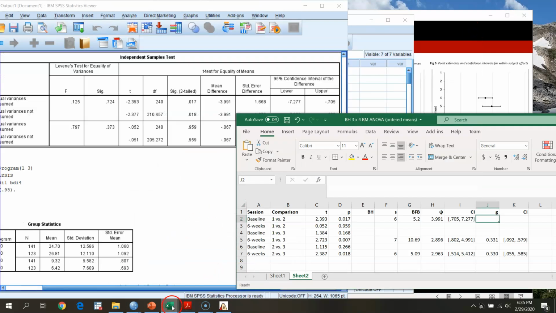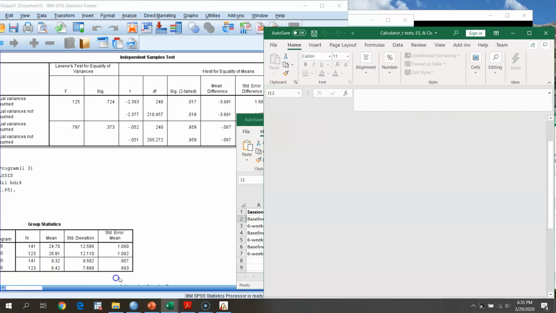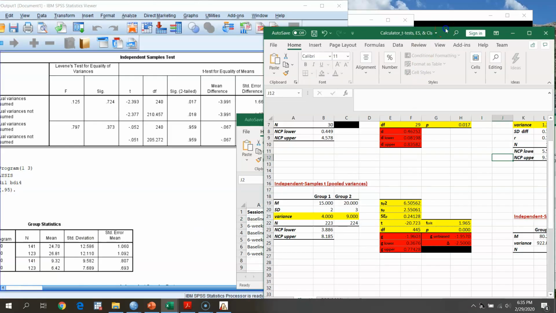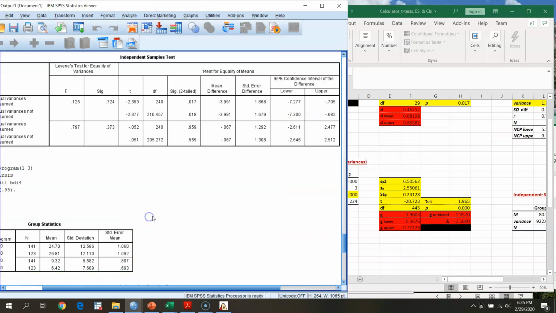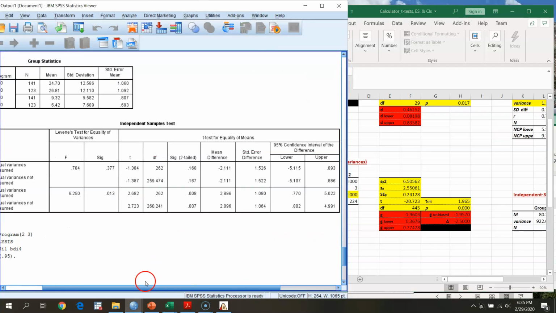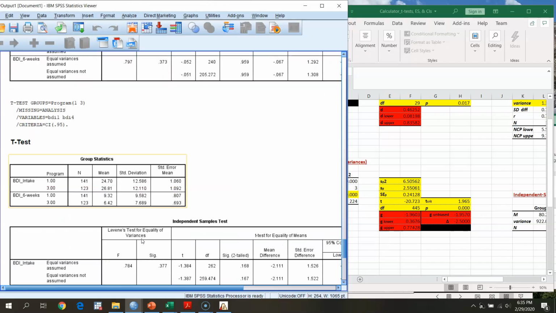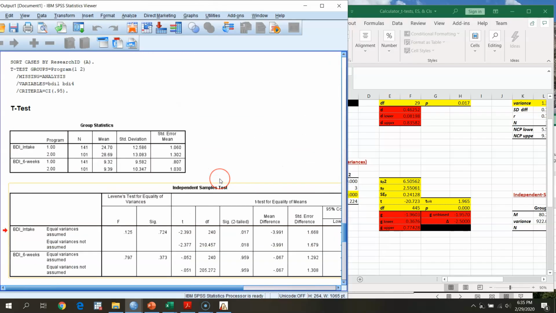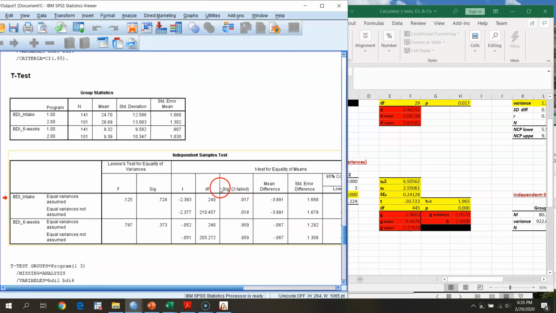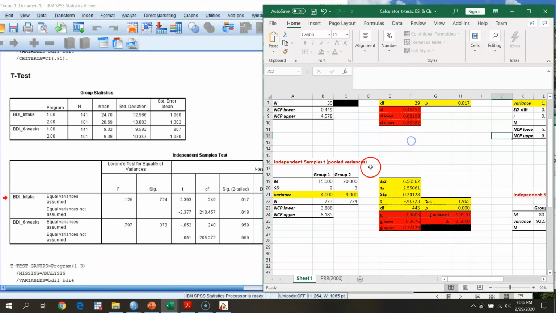So again, I'm going to pull up the handy-dandy calculator that we've built in class. All right. So my mean for my first group, 24.7.